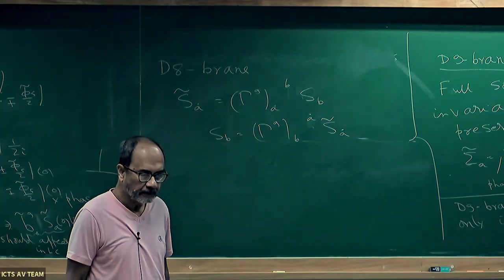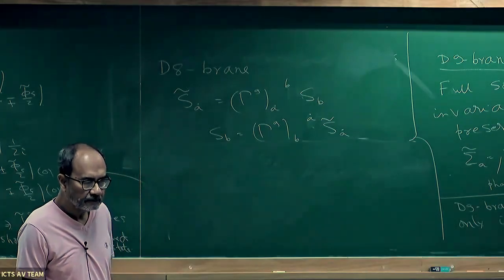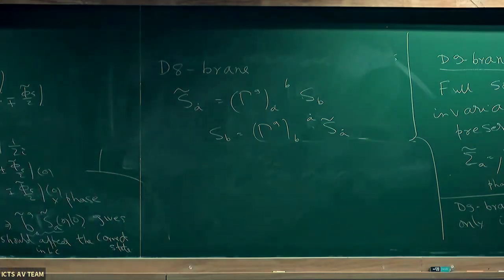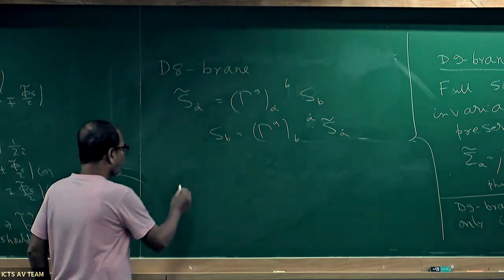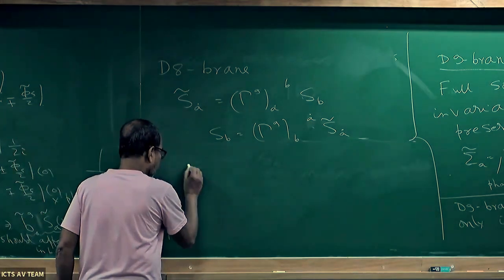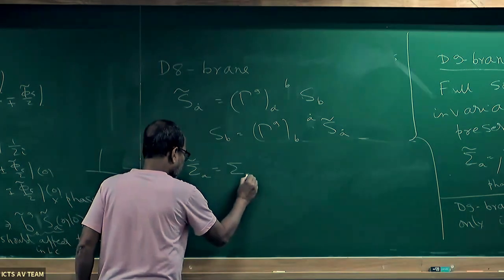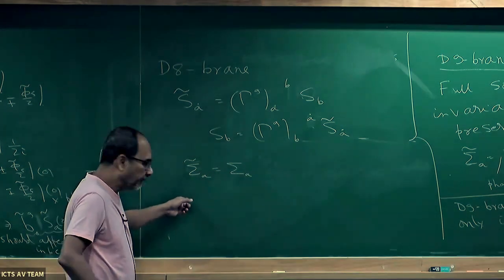Exactly. Then we change one boundary condition from Neumann to Dirichlet. Yes. That means that will give one gamma 9 factor. Yeah. So this condition, right, sigma tilde A equal to sigma A, this condition will now be replaced.